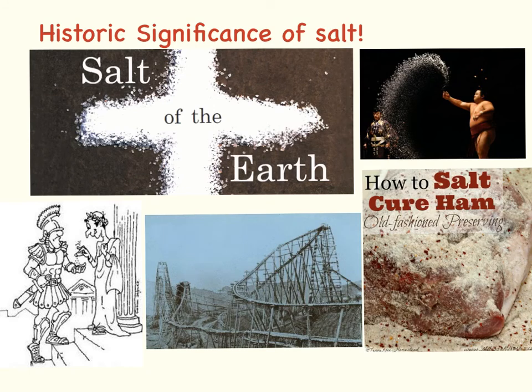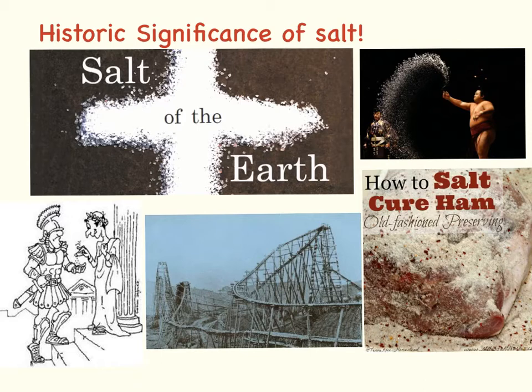Now, what's the historic significance of salt? Well, salt was one of these very early minerals that humans used in all sorts of things. One of its first and most important uses is we discovered that many forms of bacteria die in the presence of salt. So if you had a cut or a wound and washed it in salt water, it would help disinfect the wound.